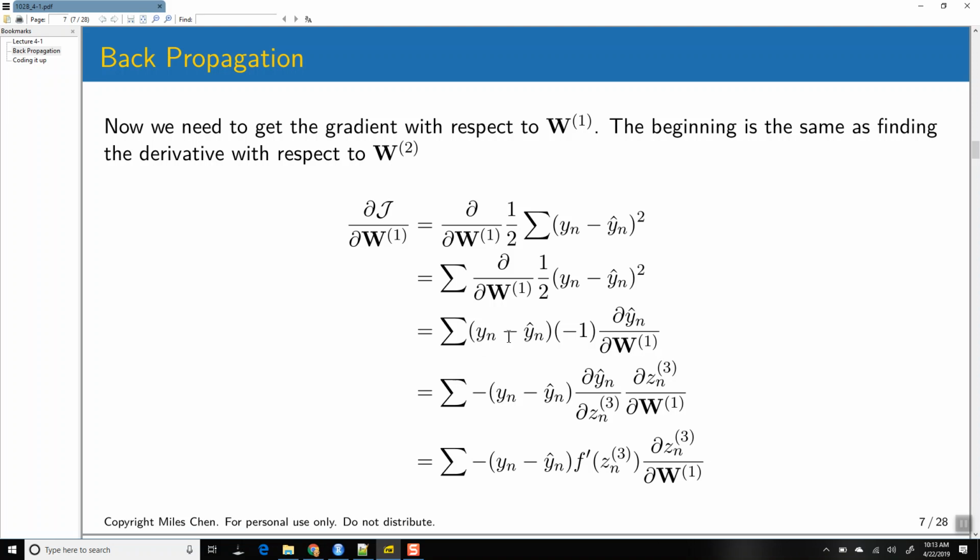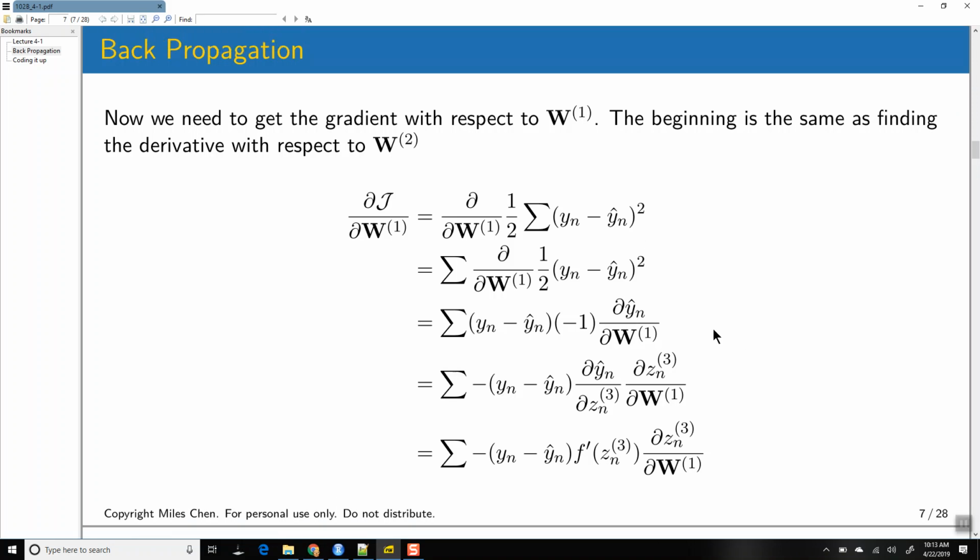Again, we don't have any derivative with respect to y, because y is a fixed constant in our data, and our data is fixed, and so does not change with respect to W1, our first weight matrix.